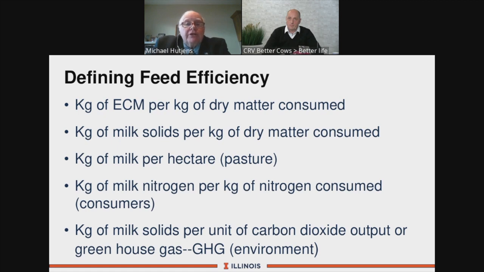If you're in a pasture scenario, which you may find in Ireland, for example, and New Zealand, countries like that, kilograms per hectare might be another measurement there. One we'll talk about is nitrogen efficiency. And then the last one, I might have to come back to, looking at milk solids per unit of carbon dioxide put out, or greenhouse gases, or methane. So certainly this is becoming an important consideration as well.